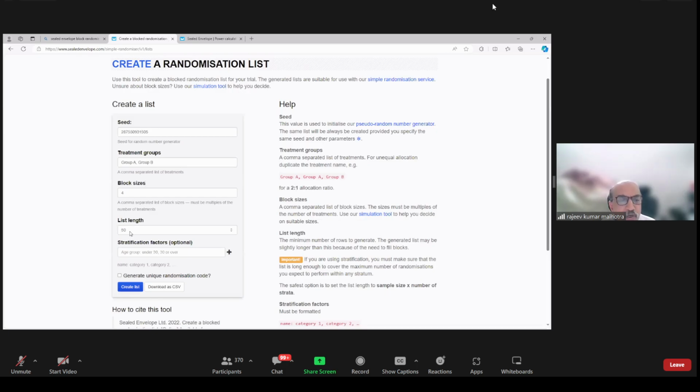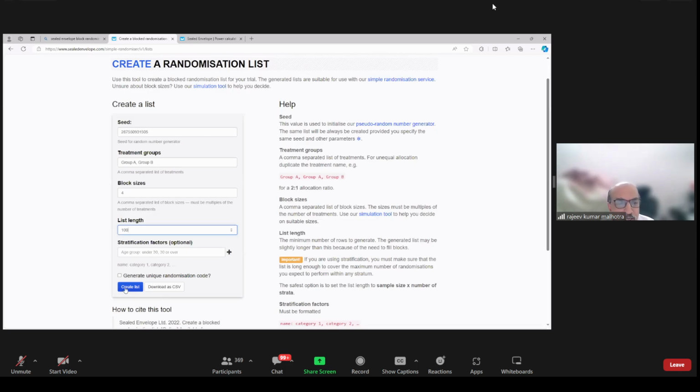Now the length, how much length is there? If you have 50 subjects per group, so your length is 100, 50 multiplied by 2. I am not putting stratify here.